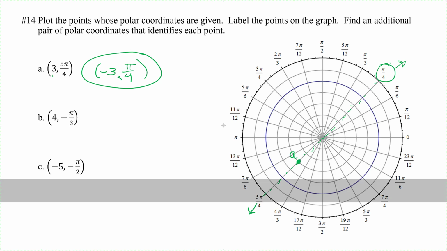Let's look at our next point, which is 4, negative pi thirds. I'll change colors here. So this time I'm going to figure out where is negative pi thirds. So if we start at 0 and we go negative pi thirds, we'd be going in the clockwise direction. We'd end up at 5 pi over 3 here.